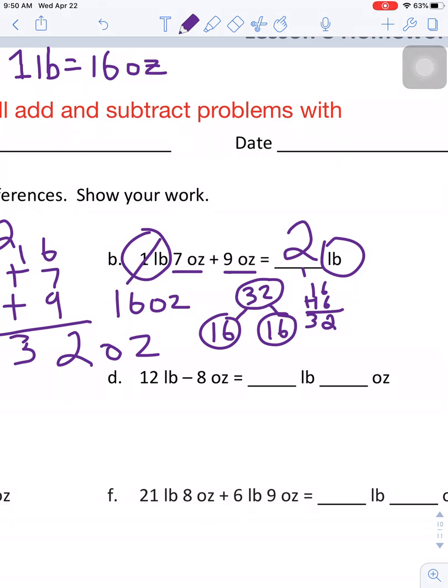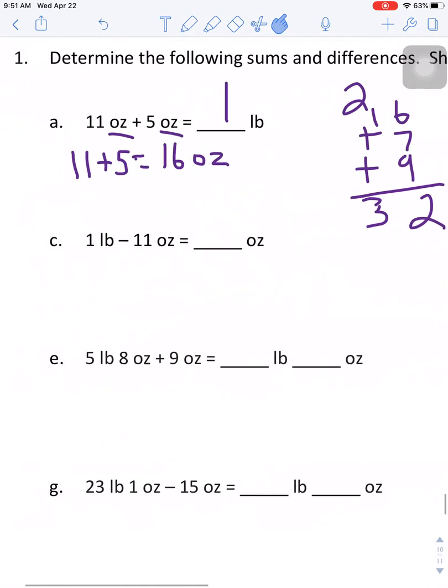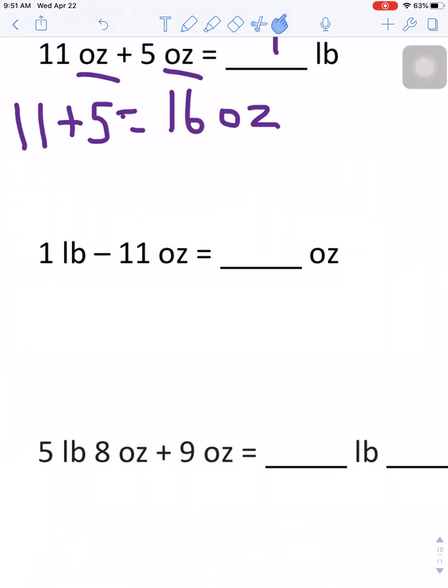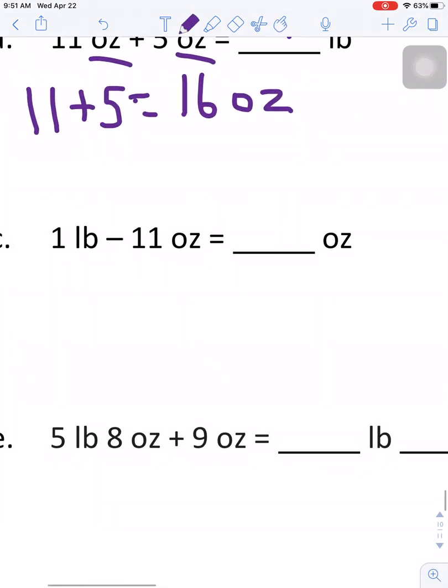Let's try a little bit more difficult one down here. A subtraction problem. So I've got 1 pound and 11 ounces, and my answer is supposed to be in ounces this time, not in pounds. So I need to convert this pound into ounces.